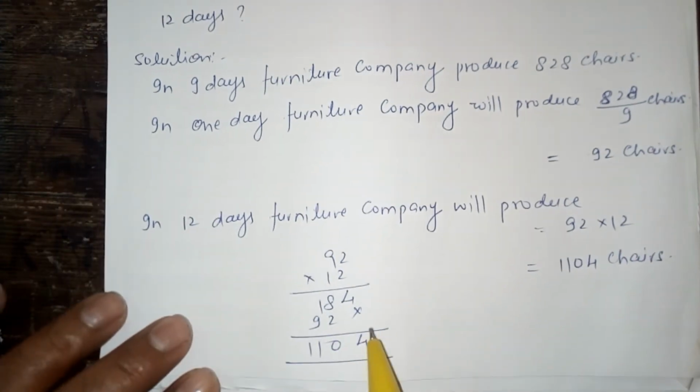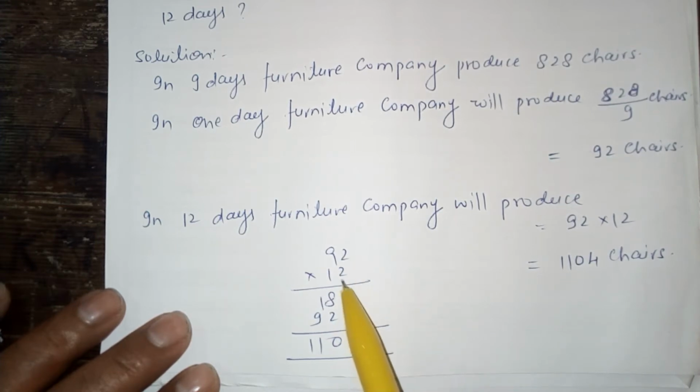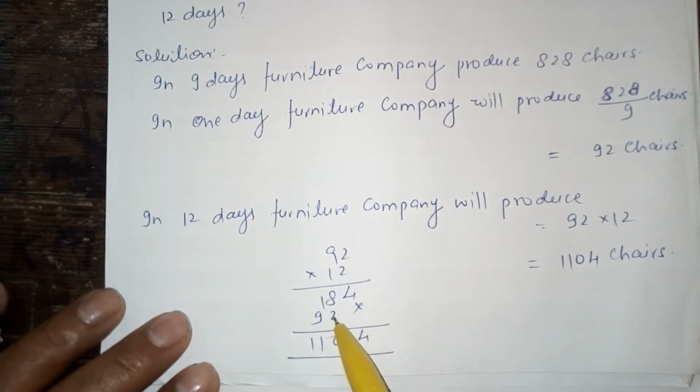Now what is the product of 92 into 12? Now look here. 2 twos are 4, 2 nines are 18, 1 two is 2 and 1 nine is 9. After adding, 4 plus 0 gives you 4. 8 plus 2 is 10, this is 0, carry over is 1, 1 plus 1 is 2, 2 plus 9 is 11.